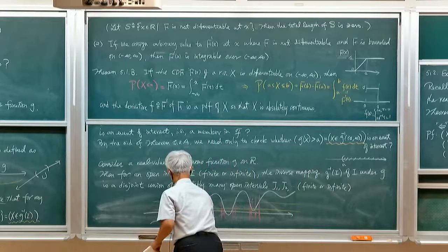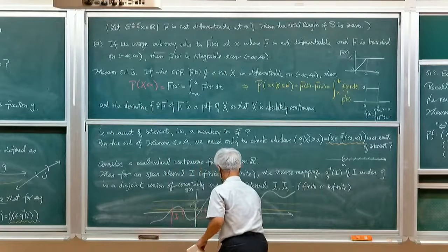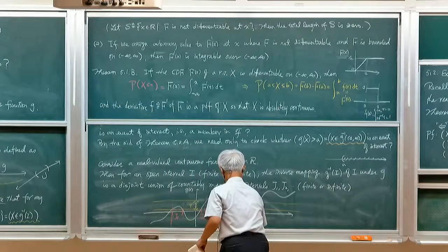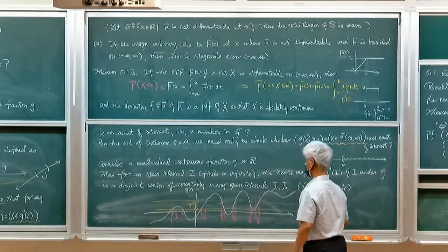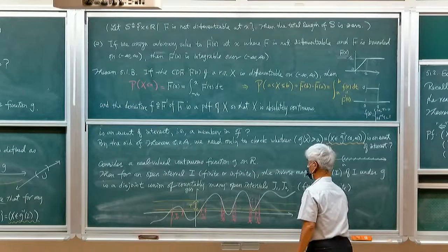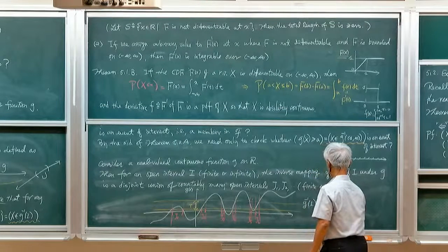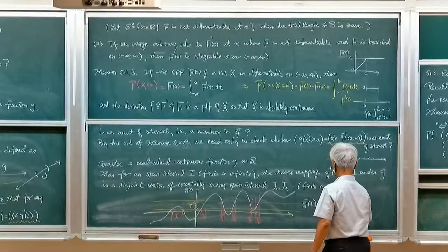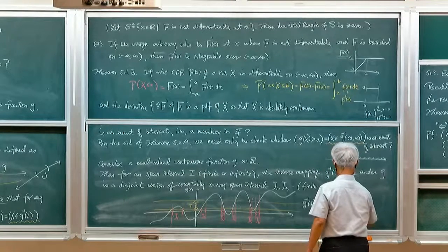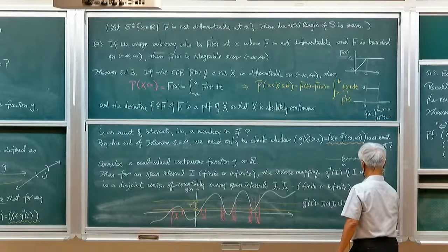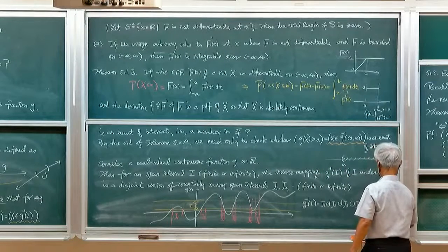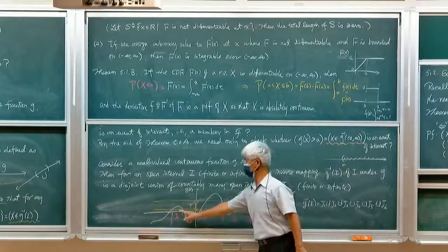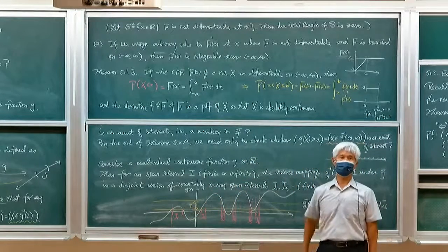So this is J1, J2, J3, J4, J5, J6. So you can see that g inverse of I is J1 disjoint union J2, disjoint union J3, J4, J5, and J6. So there are 6 open intervals.